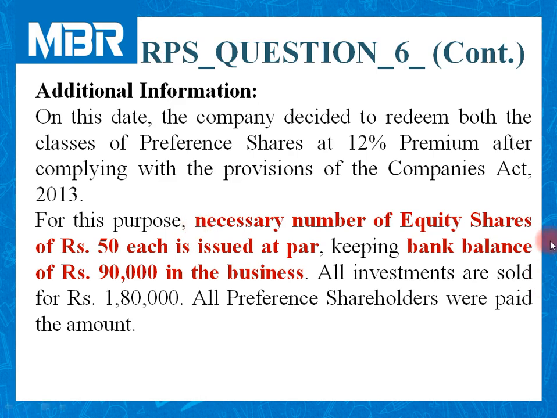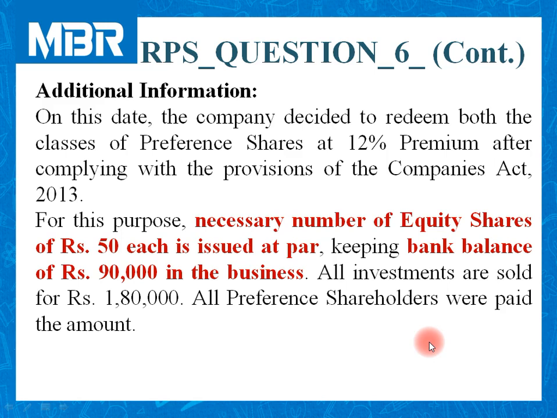On the other hand, a condition is given that at the end of the procedure of RPS redemption, we need a bank balance of rupees 90,000 in the business. It means this particular condition is the turning point of our entire calculation, so focus on this area of calculation.